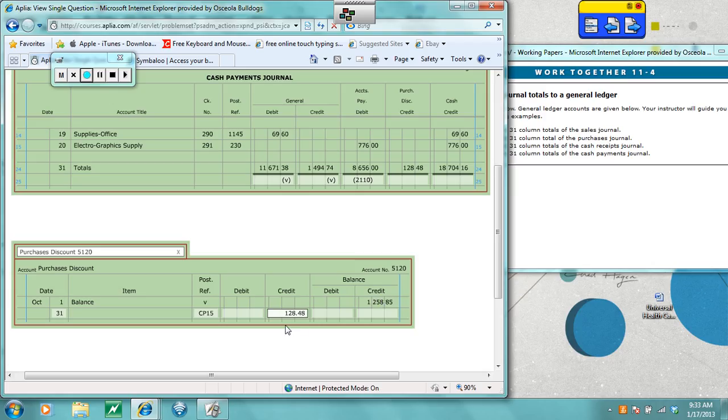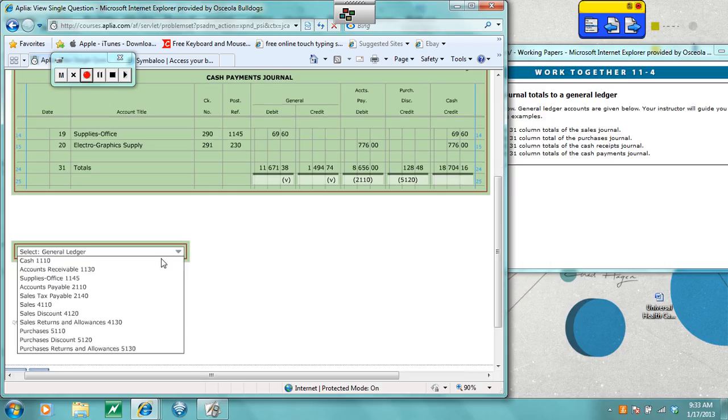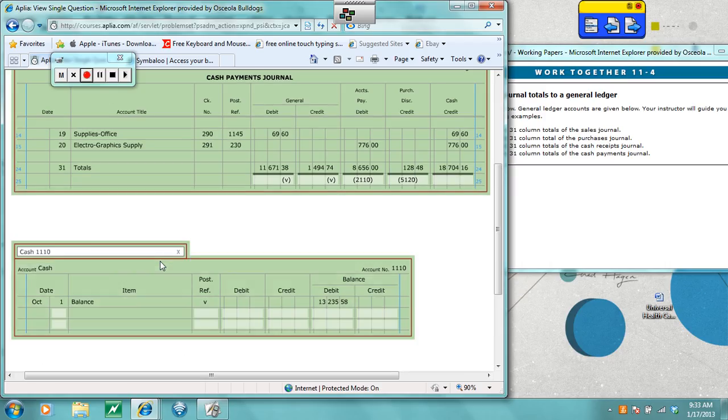And a credit plus a credit equals a bigger credit. So we add. Take the account number, sorry, not title. Put it there. And we go to cash. Cash credit. I've been to our cash debit.